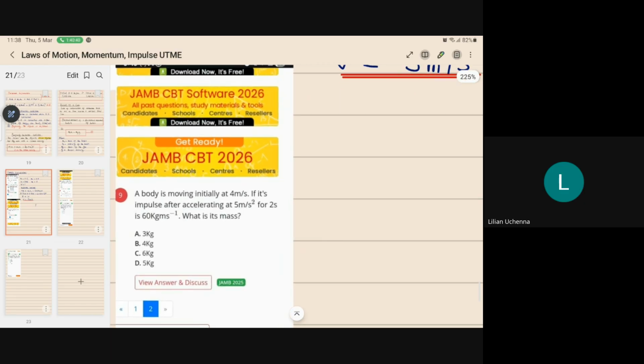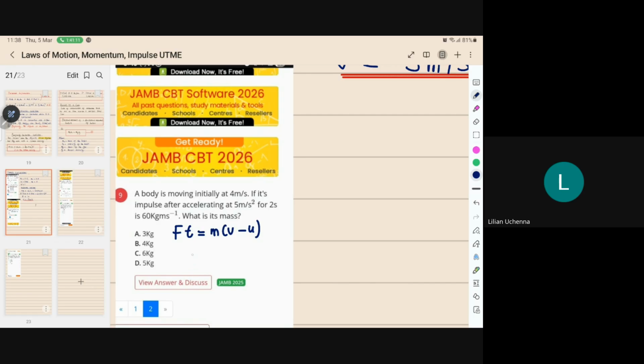Look at this one. This one says that a body is moving at 4 meters per second, and the impulse after accelerating at 5 meters per second squared for 2 seconds is this. So they're giving us our impulse. Remember that impulse Ft is equal to m(v minus u). They said a body moving initially at this, if its impulse after accelerating this, what is the mass?